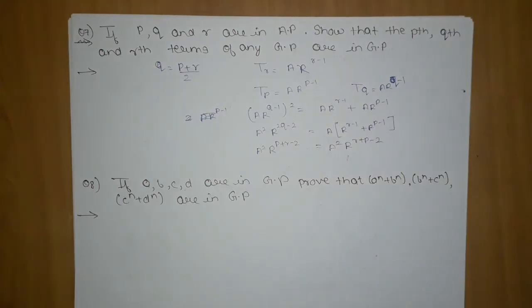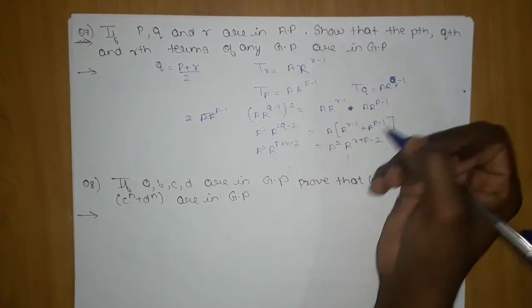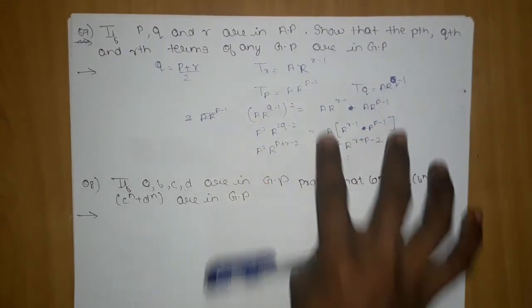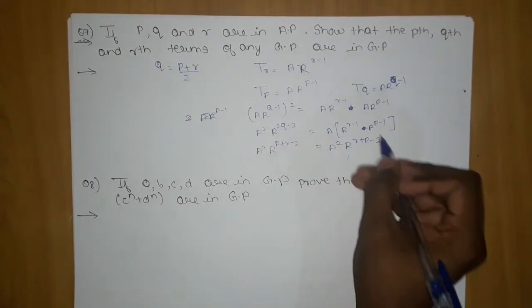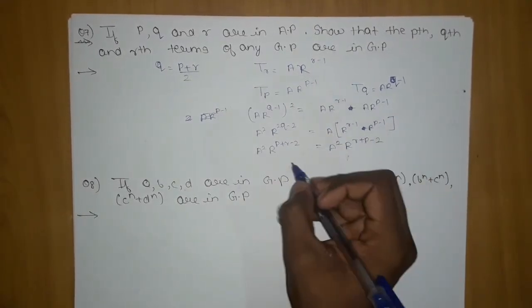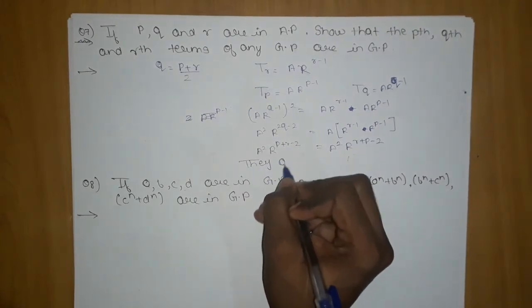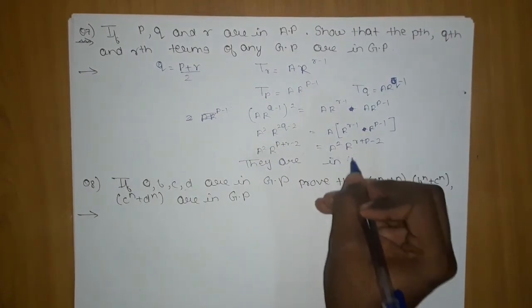Oh sorry, it is product. Because we are proving GP, the square should be the product of these, so A square should be the product of this, and here it is equal, so they are equal, which means they are in GP.